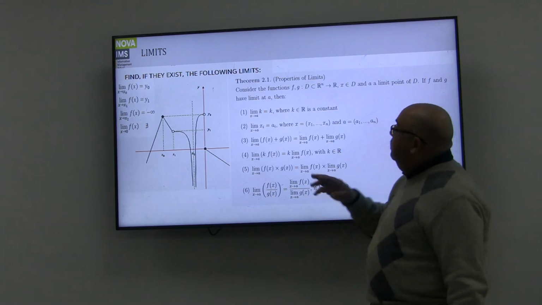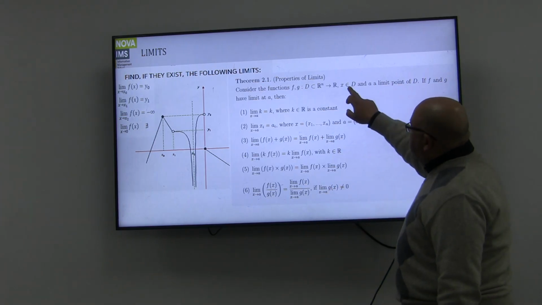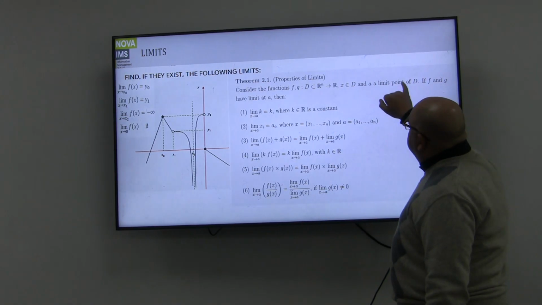معايا يا شباب؟ بيكمل بيقول x belongs to the domain and a limit point of the domain.